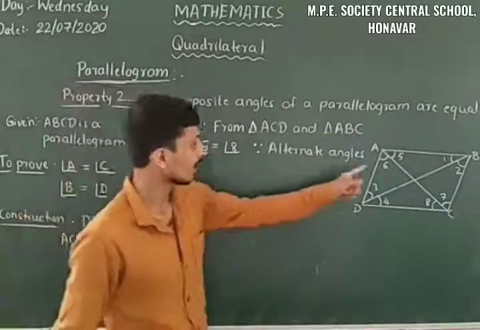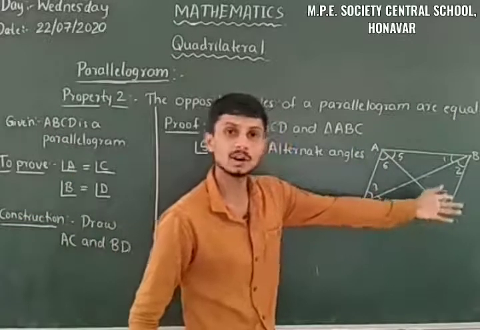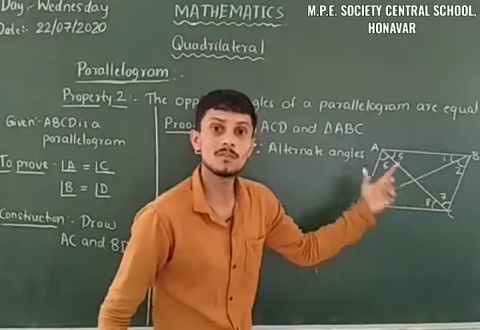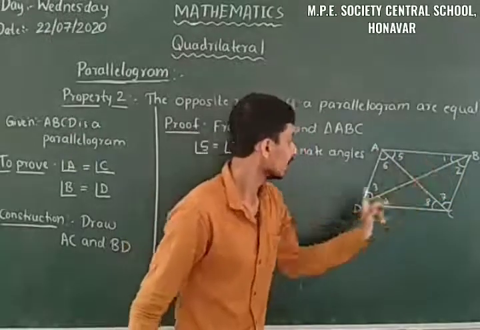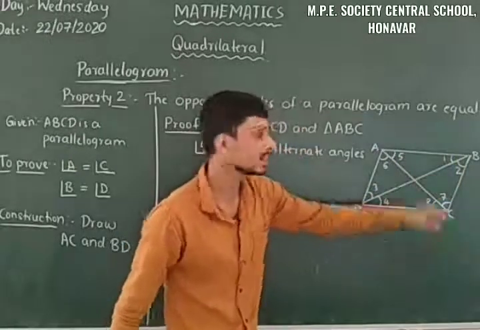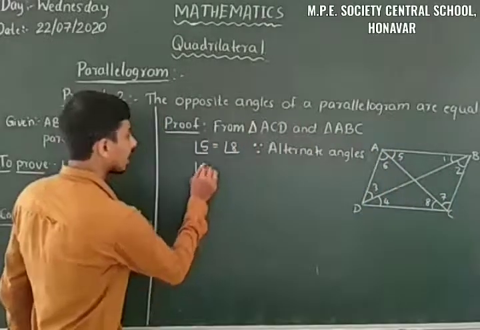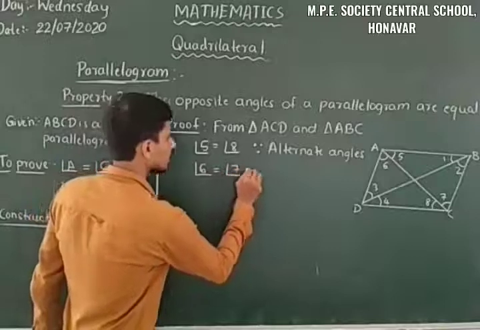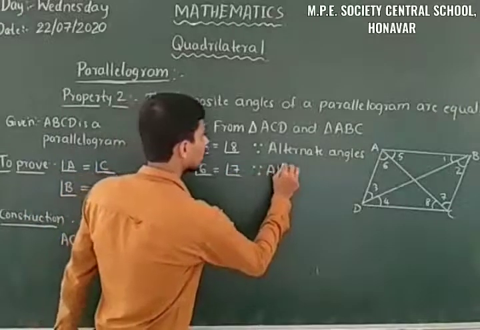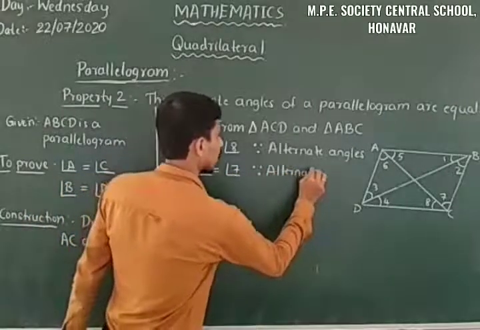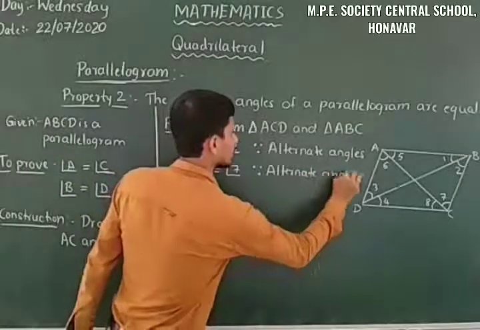Then angle 6 is equal to angle 7 because, with AB and CD parallel and AC the transversal, they are also alternate angles.